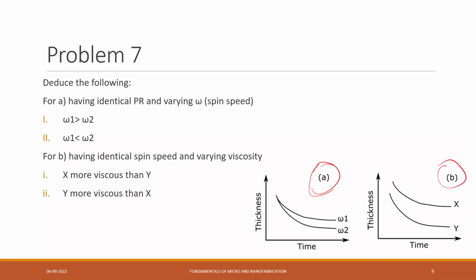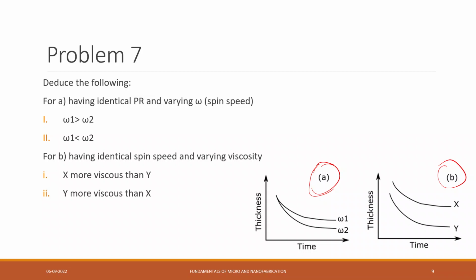In B you are using two kinds of photoresist, X and Y, which differ in viscosity. You have to tell which one is correct. We have two options: omega 1 greater than omega 2, or omega 1 less than omega 2.